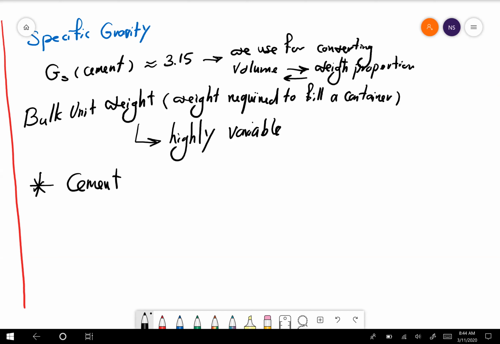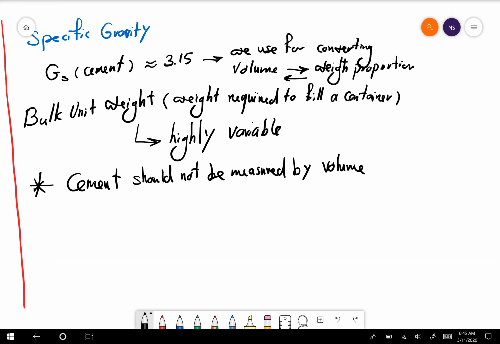So most of the time cement should not be measured by volume.